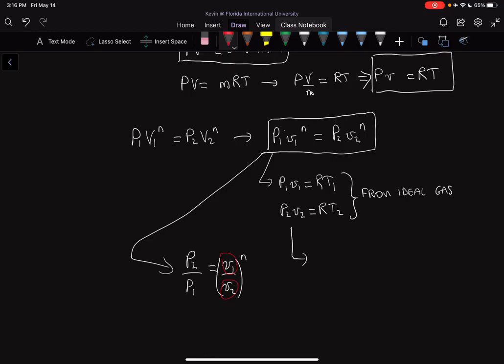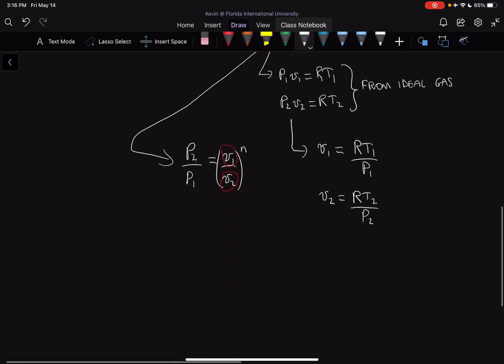We're trying to solve for temperature, and this equation doesn't have temperature in it. So let's rearrange our ideal gas equations to solve for V1 and V2. V1 would be equal to R T1 over P1, and V2 would be equal to R T2 over P2.